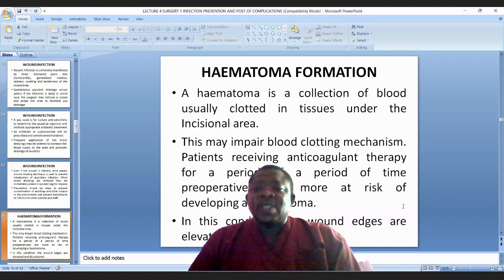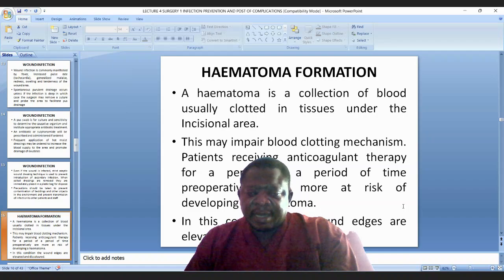Patients receiving anticoagulant therapy preoperatively are more at risk of developing a hematoma. In this condition, the wound edges are elevated and discolored.